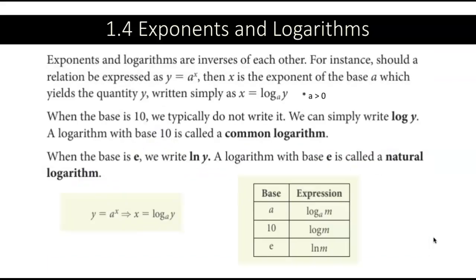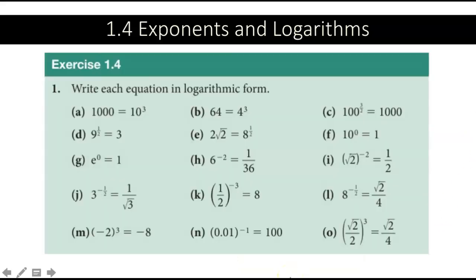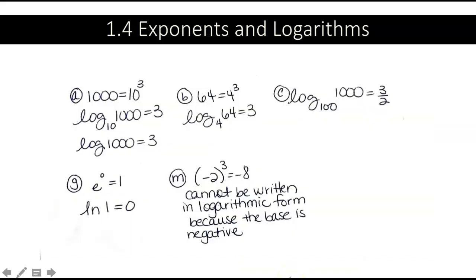And from our notes, I put in a little asterisk that the base has to be positive. So when I get to m, I cannot write that in logarithmic form because the base is negative. We will be talking more about exponential functions when we go into functions, but for now, at least be comfortable going back and forth between exponential form and logarithmic form.